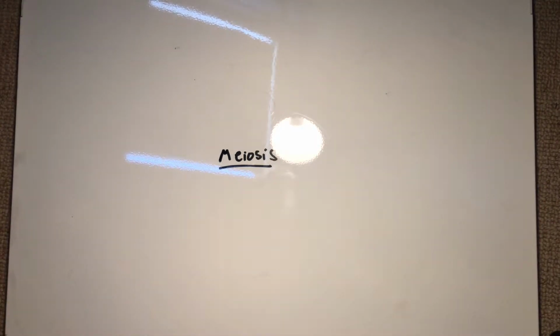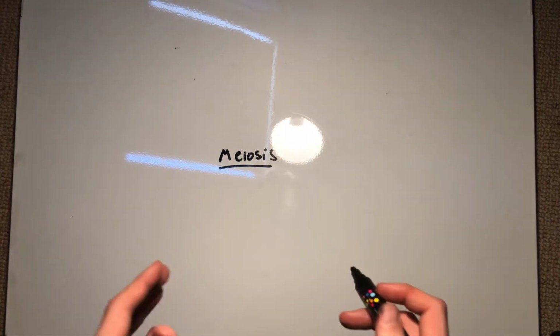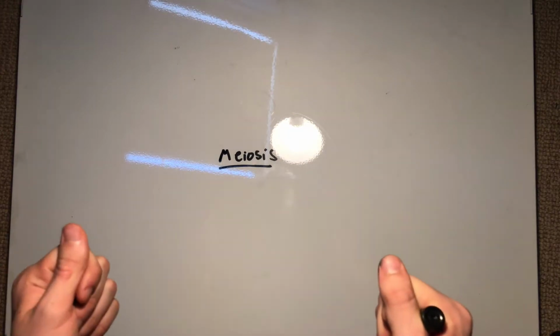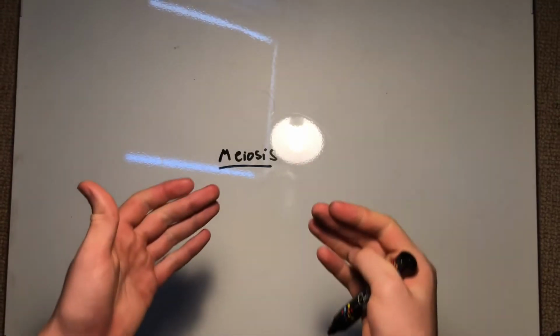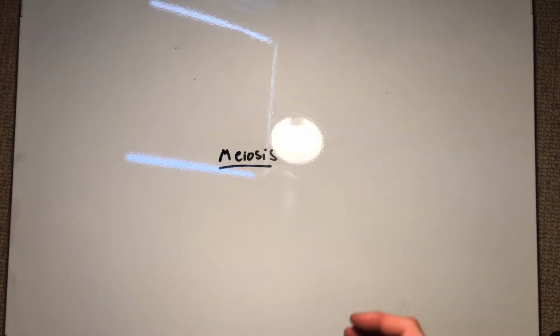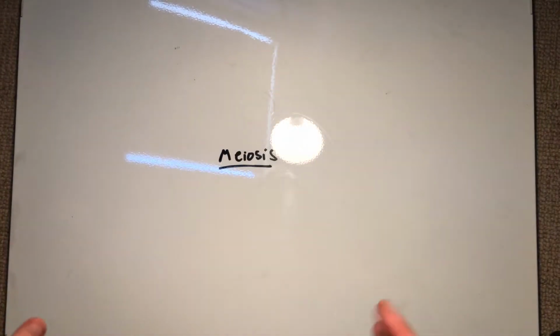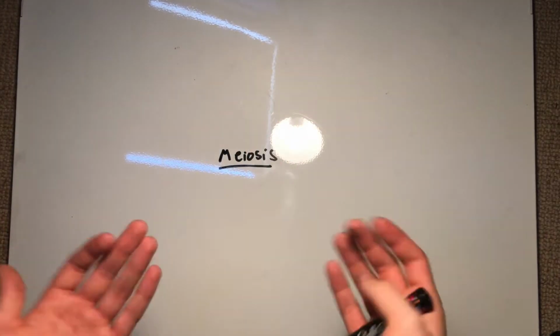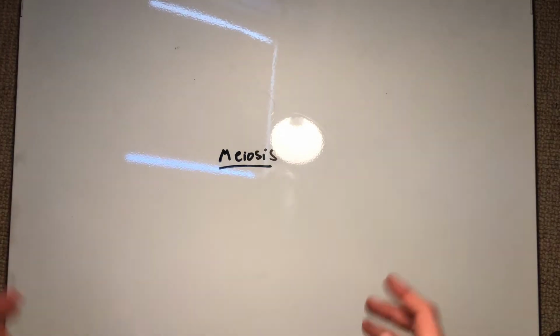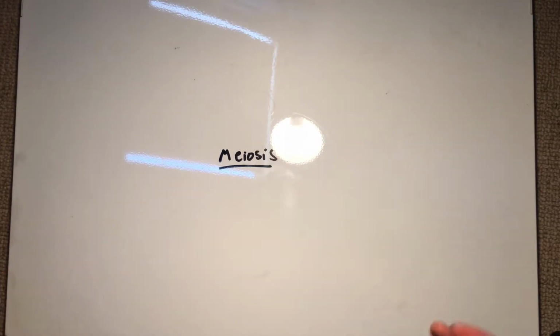In the second stage of meiotic division, the chromatids move apart, and by the end of meiosis 2, four cells have been formed, instead of the normal two you get with mitosis. Each of these four cells only contains 23 chromosomes compared to the 46 you would get from normal mitotic cell division.